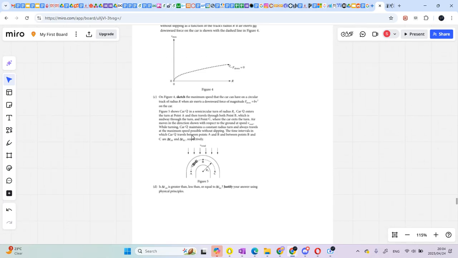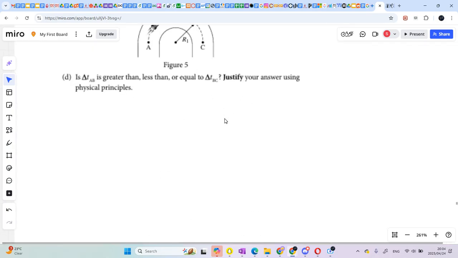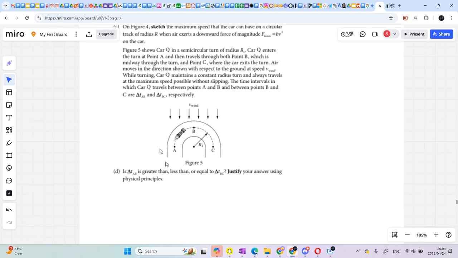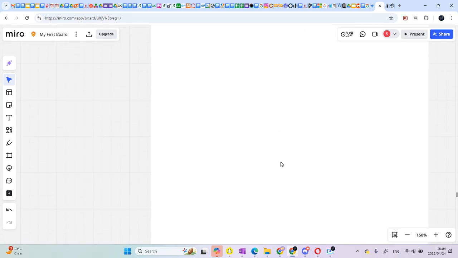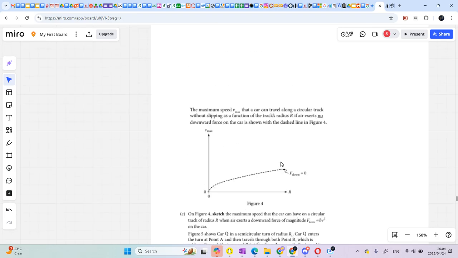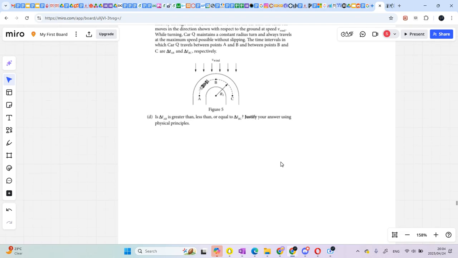Based on the graph, the equations you got, and the diagram, justify something about the scenario, for example relating velocity to position, velocity to radius, velocity and time.